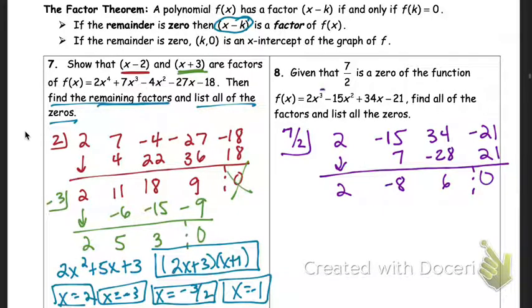So I started off with a cube, and now I'm going to start off with an x squared. So this is 2x squared minus 8x plus 6 equals 0. What is the first step in factoring? Greatest common factor.